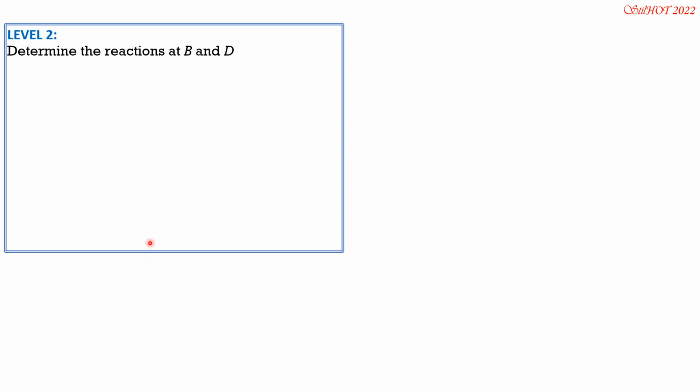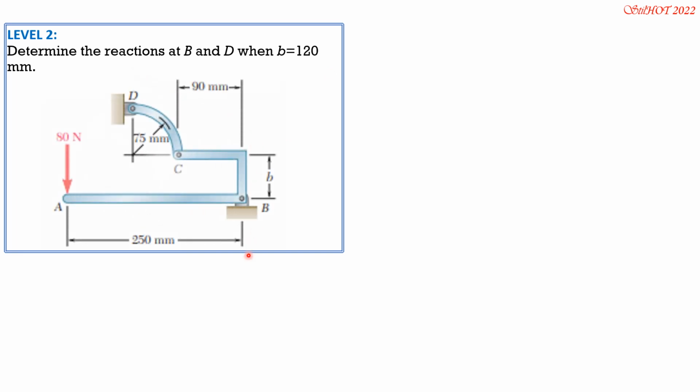Determine the reactions at B and D when B is 120 mm in this figure. You should be quick in identifying two force bodies. Member CD is a two force body because there is no other force in between the pins.